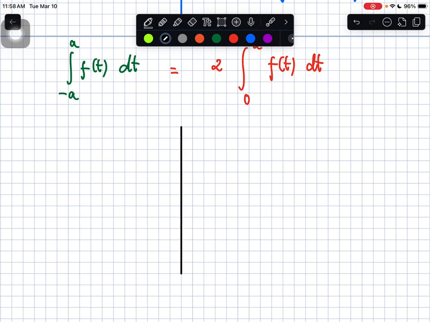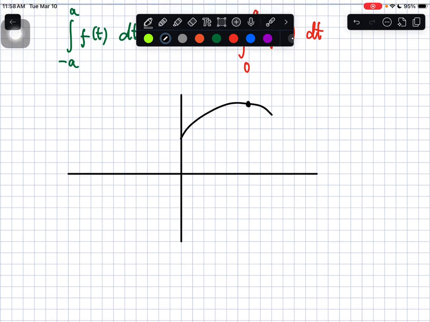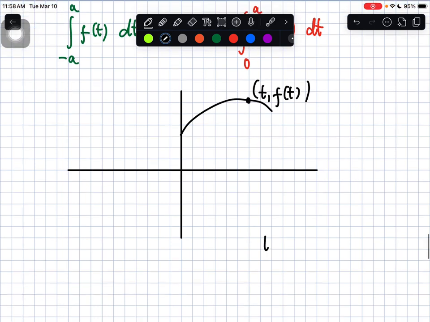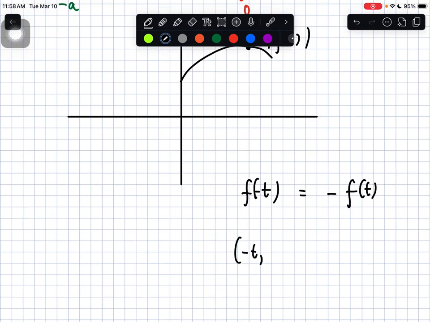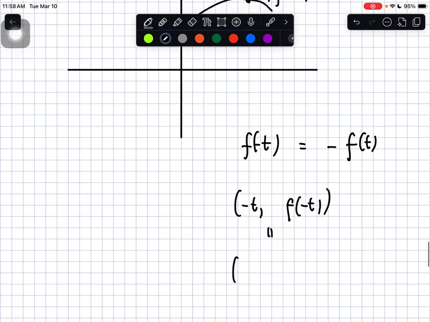Similarly, I do the same for an odd function. Say we have the graph, say the first half is like this. Let me draw it like this. So this point, t comma f(t), has coordinates t comma f(t). Because the function is odd, for minus t, f of minus t is minus f(t). So the point minus t, f of minus t is the point minus t, minus f(t).